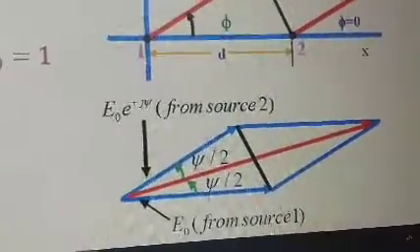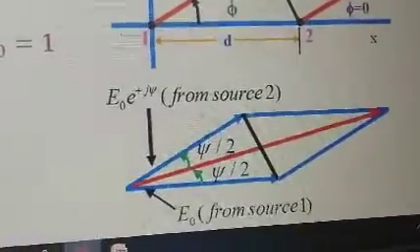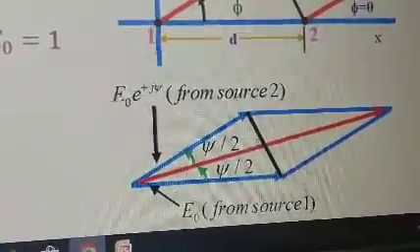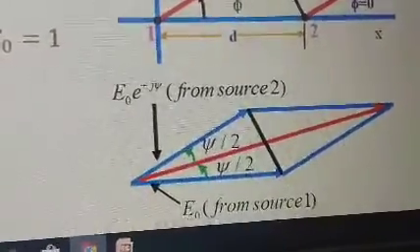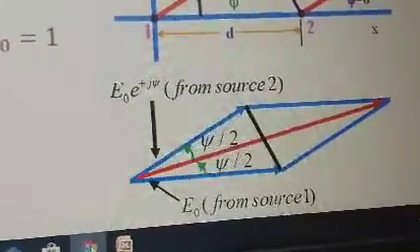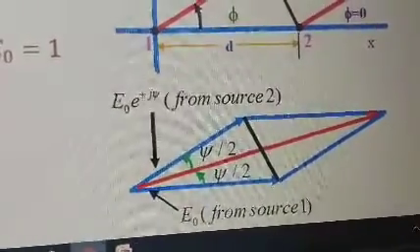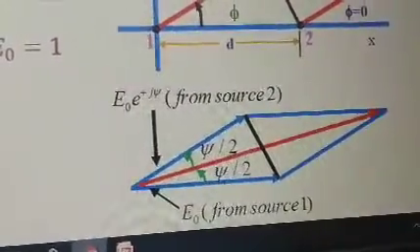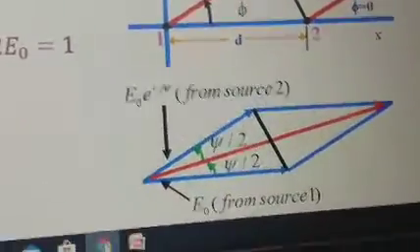Hence this is the equation E0. In this vector diagram, the red line indicates the total resultant electric field E, and the green arrows from source 1 and source 2 are at angles psi by 2 and psi by 2.